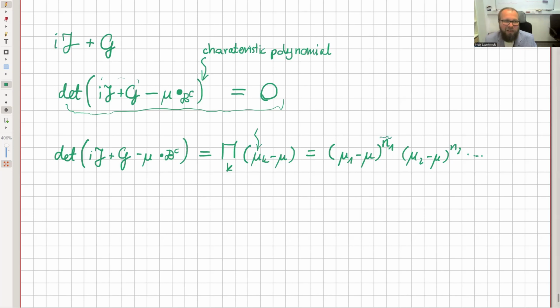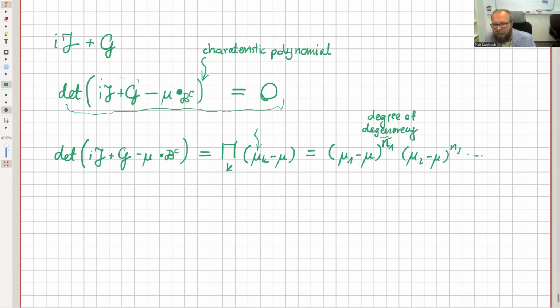If the power n_k is not exactly 1, that means you have a number of eigenvalues that have equal value, and then you say that this eigenvalue is degenerate, because there are multiple eigenvalues that are the same. This power here is called the degree of degeneracy.